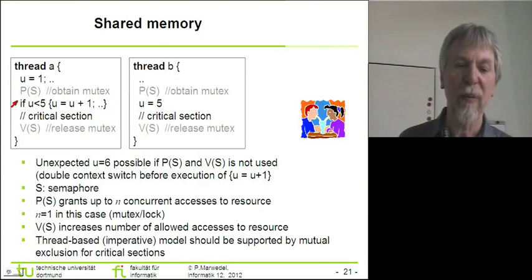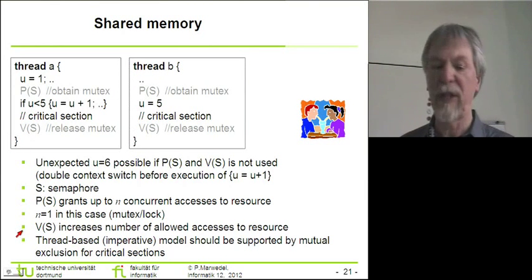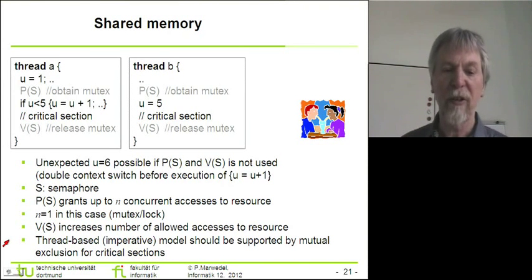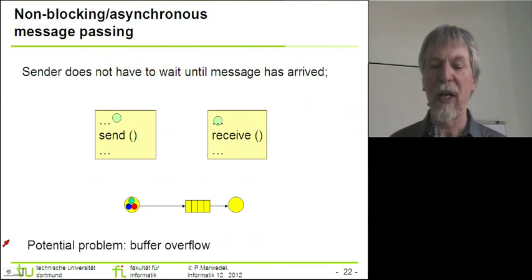The second type of communication is called message passing, and we will see that there are actually two classes of message passing. The first class is called non-blocking or asynchronous message passing. For asynchronous message passing, the sender does not have to wait until a message has arrived.